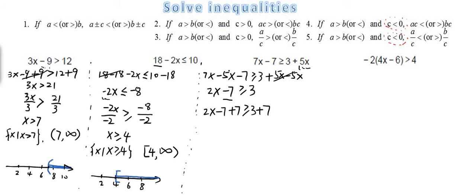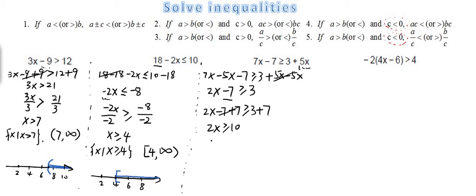So here, if I subtract 5x from both sides, it will not change the sign of inequality. Similarly, here, if I add 7 to both sides, I will not change the inequality. Okay, so we cancel out. 2x is greater than or equal to 10.